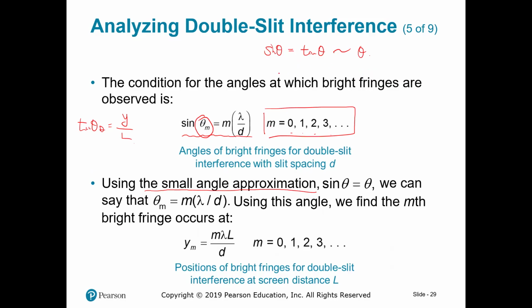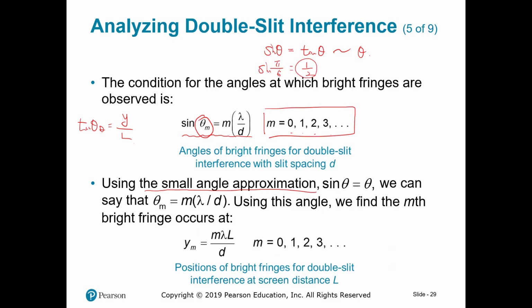For example, let's take sine pi over 6. Everybody knows sine pi over 6 is what? 30 degrees, which is 1/2.